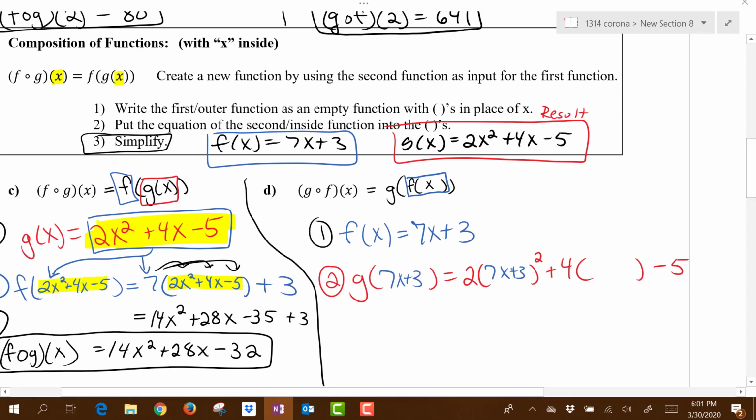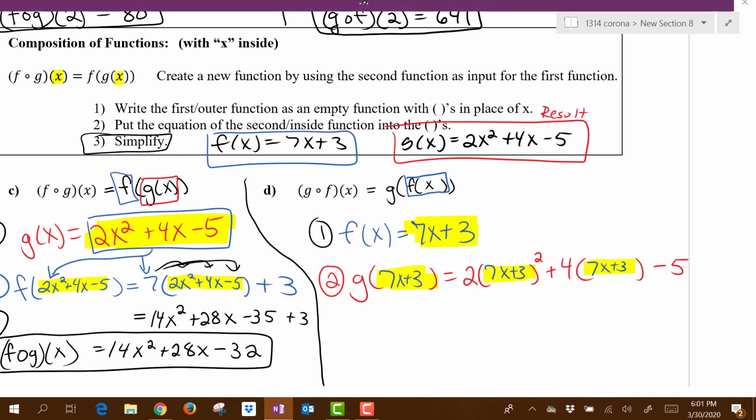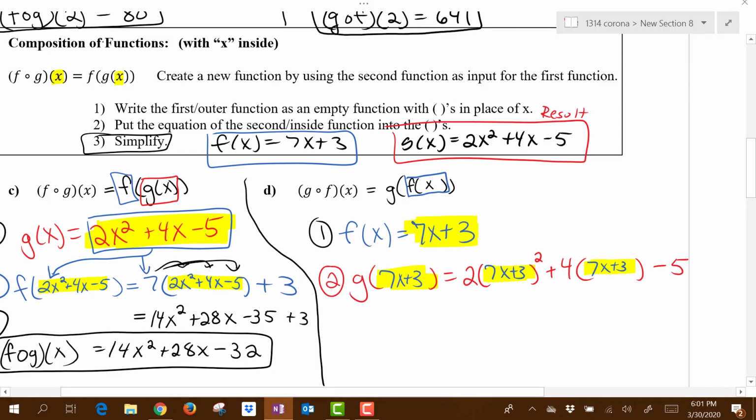So we're taking the old result from step 1, we're putting that everywhere that we have parentheses into that outside function g. Okay, now that's really the college algebra portion, but if I want to simplify, I do have to simplify using order of operations. So we're going to just simplify what comes on the right-hand side of the equal sign.